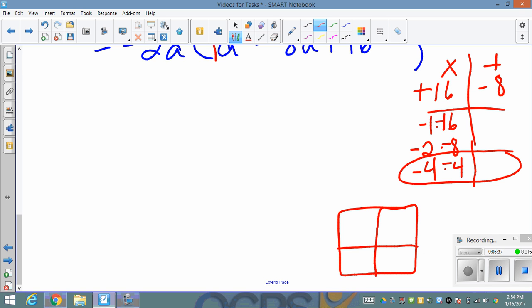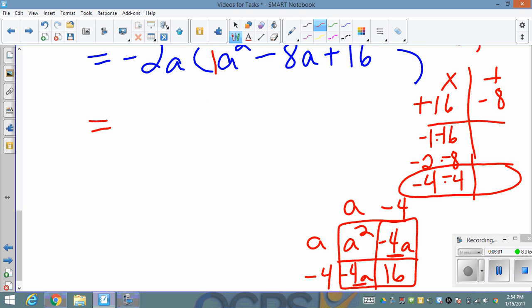So I have a squared, 16, negative 4a, negative 4a, pulling out my GCF. Notice I need these to be negative for that to multiply correctly. So I get a minus 4 times a minus 4, or another way to write that would be a minus 4 squared.